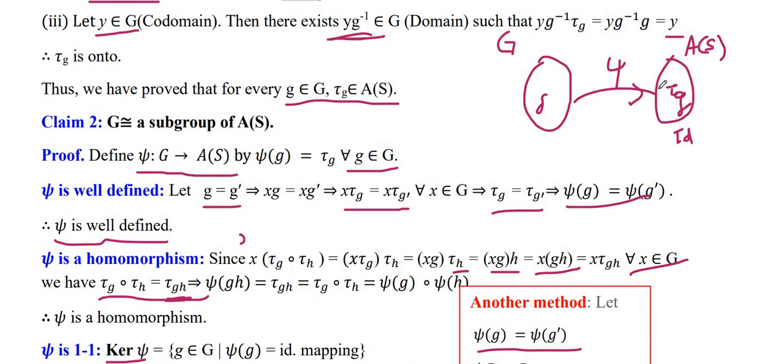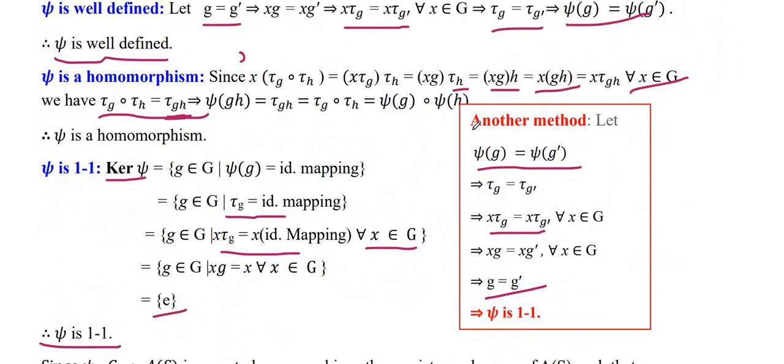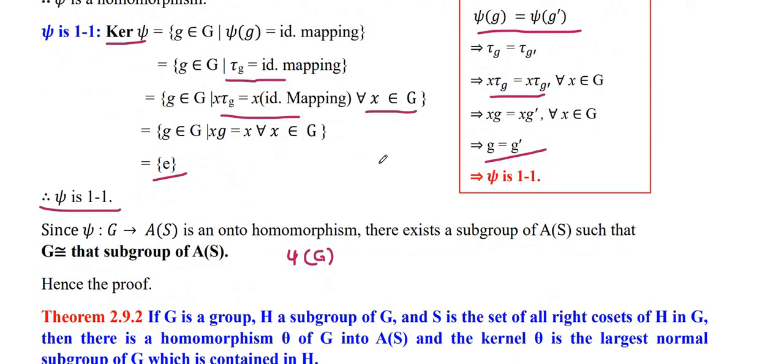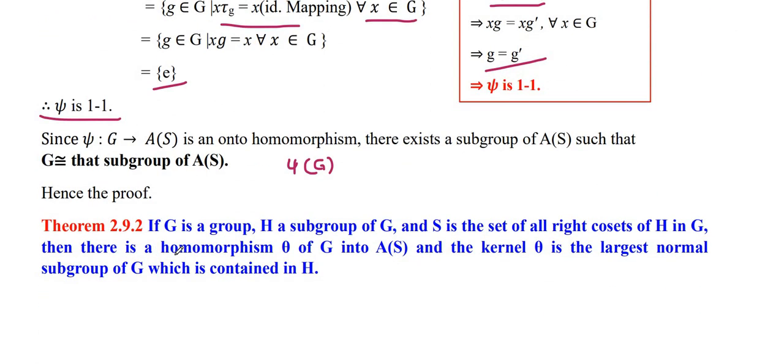So we can find a subgroup so that G will be isomorphic to that particular subgroup. So the obvious one will be psi of G. So that proves Cayley's theorem.